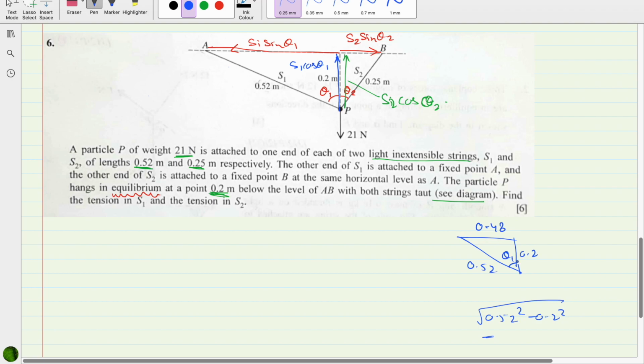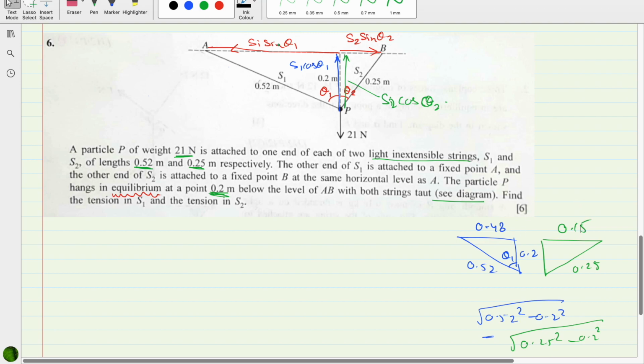This was the one with theta 1. On the other hand, for S2, the hypotenuse is 0.25 and this is 0.2 already, so the square root of 0.25 squared minus 0.2 squared is 0.15.